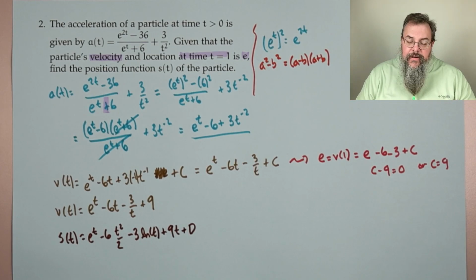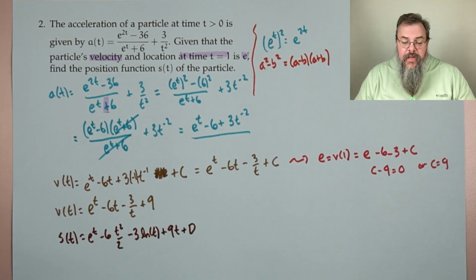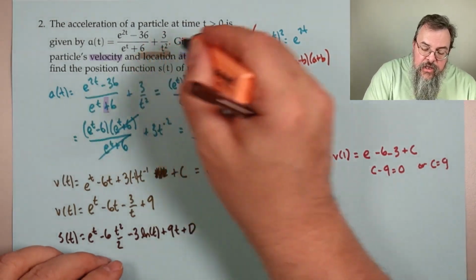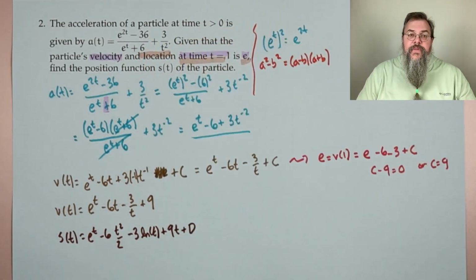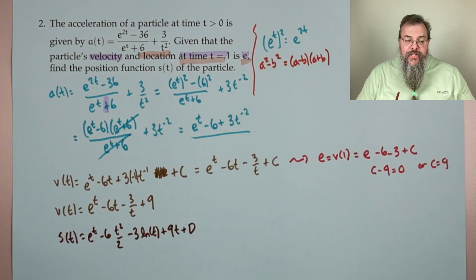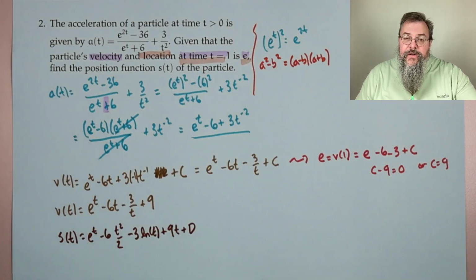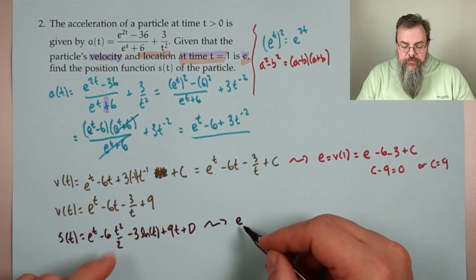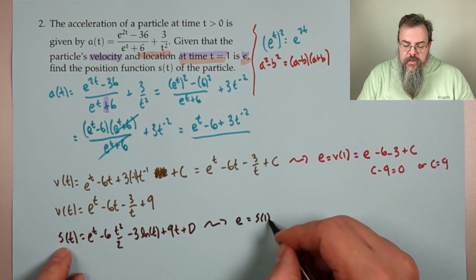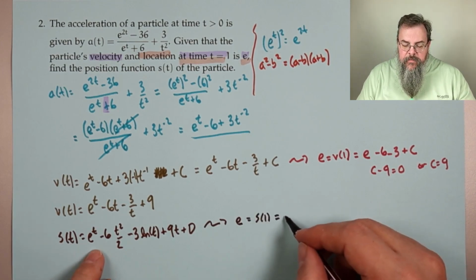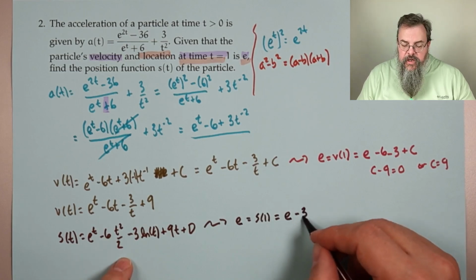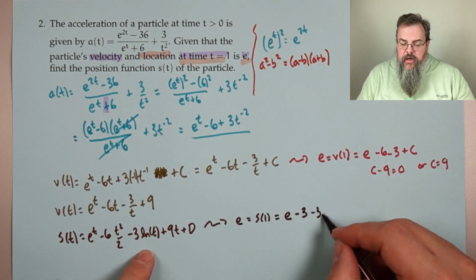All right, and same idea. We say, hey, look, we're told that our location at time 1 is e. So that's another initial condition, and that's going to help us solve for d. Okay, so let's go ahead and run that computation. So we have that e, that's our position at time 1. So we plug in 1. That becomes e, and 6 divided by 2 makes 3, minus 3 log of 1.